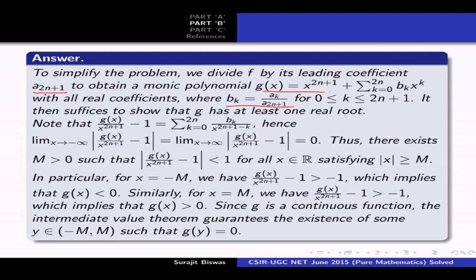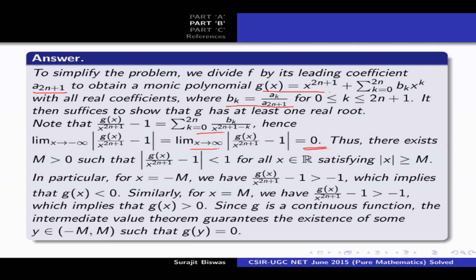Now note that g(x) divided by x to the power 2n plus 1, minus 1, has this expression, which actually gives us, hence, the limit as x tends to minus infinity and the limit as x tends to plus infinity of mod of g(x) by x to the power 2n plus 1 minus 1 equal to 0.